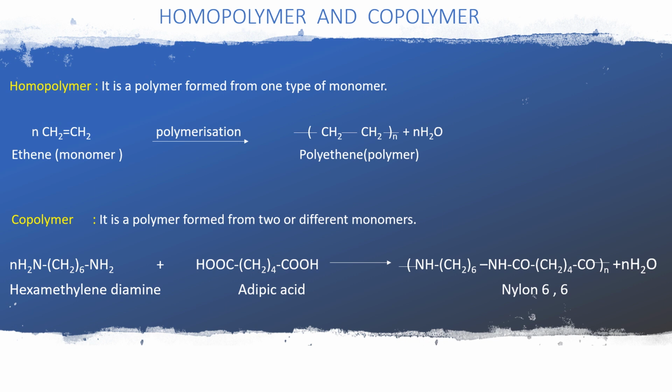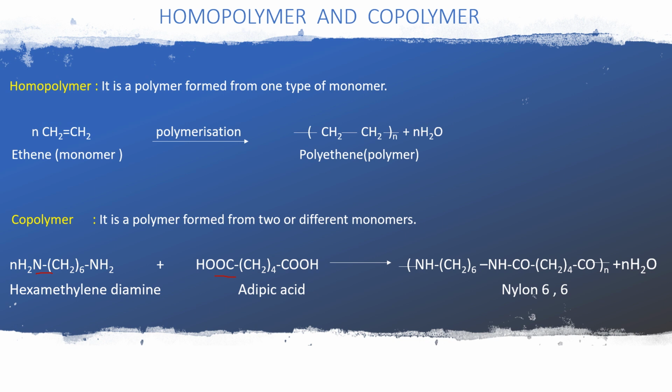Along with that, water molecules are eliminated from the hexamethylene diamine and adipic acid. That is, from this side you can see the hydrogen of the hexamethylene diamine and the OH group of the adipic acid are eliminated.